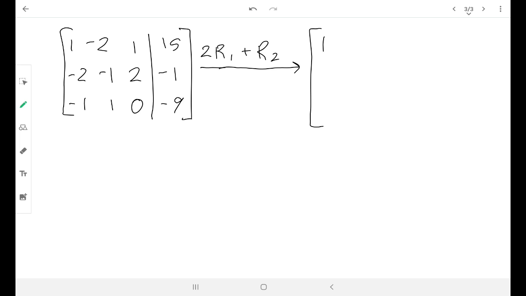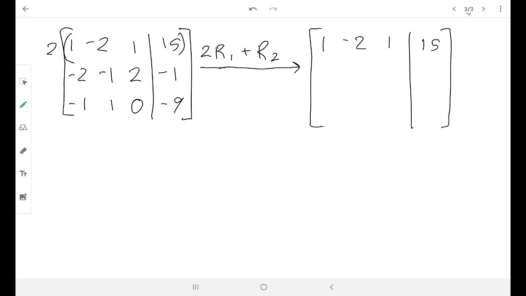So remember, I'm going to do this multiplication by 2, but then I'm going to undo it immediately as far as writing the matrices. So I'm not going to write that new matrix, I'm just going to do it and undo it.